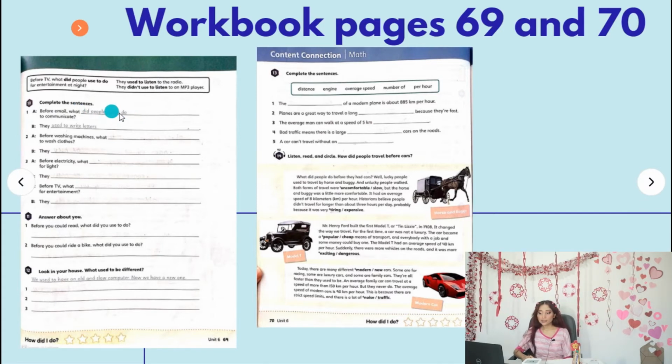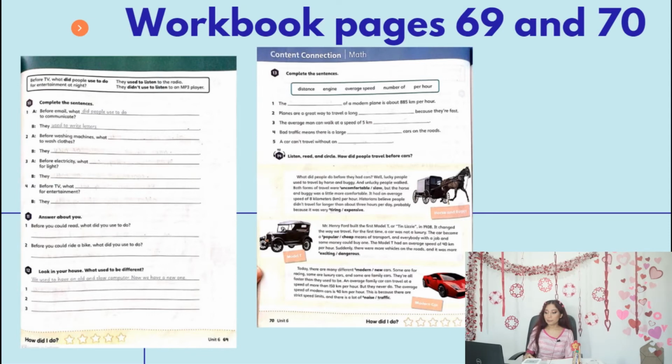Used to, it's not in past because we have did. Okay, so what, before email, what did people used to do to communicate? They used to write letters. So in this case, because you don't have an auxiliary such as did, you are going to write used to in past. So that's the same that you are going to do with number 2, number 3, and number 4, okay?